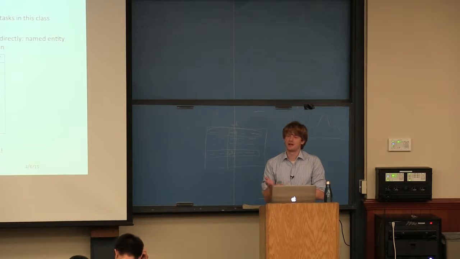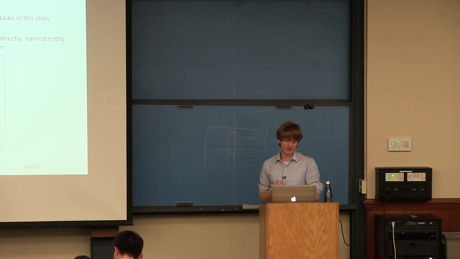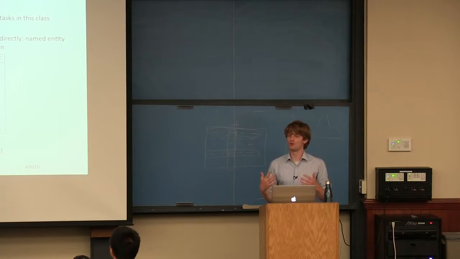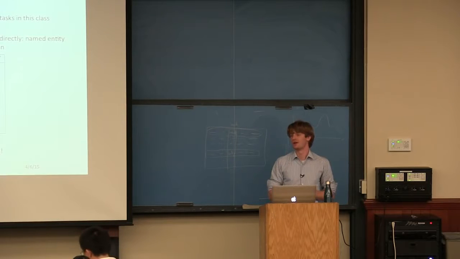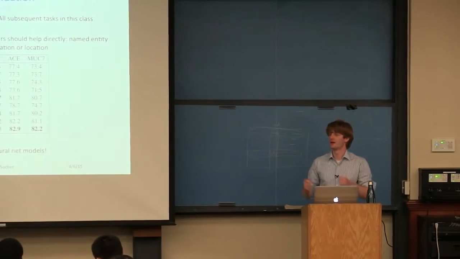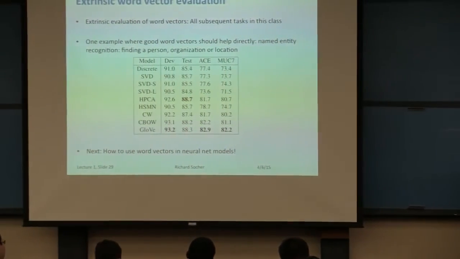I mentioned that we have intrinsic and extrinsic evaluations. We can't really fully appreciate yet how these numbers come about because we don't know yet these downstream models. But just to give you an idea, one thing you would assume works well with these vectors is named entity recognition. We saw that companies and their CEOs are in specific distances and specific relationships, and countries and their cities and so on.